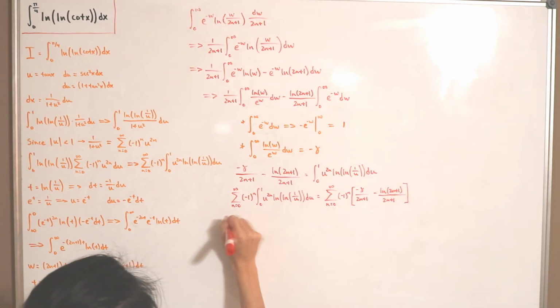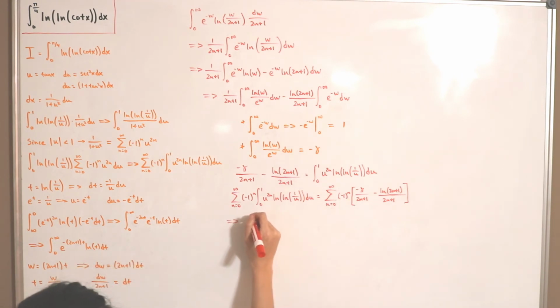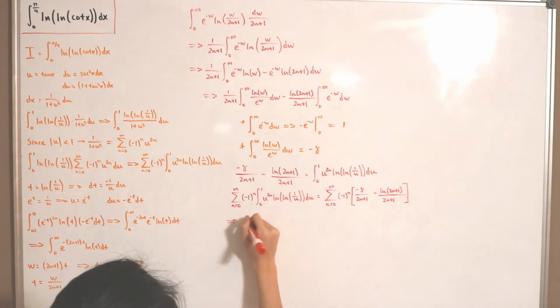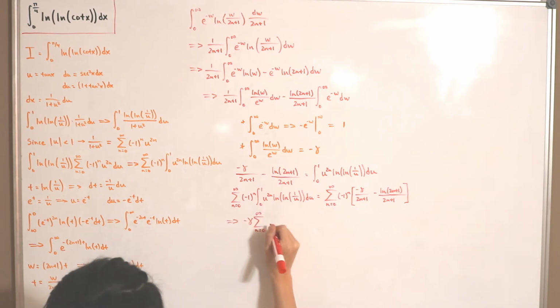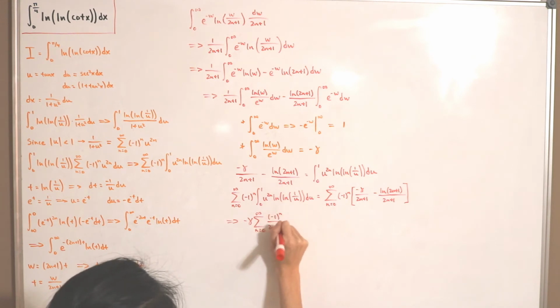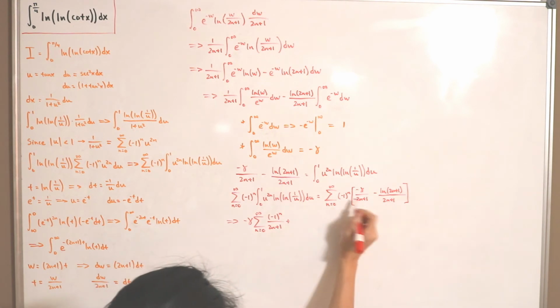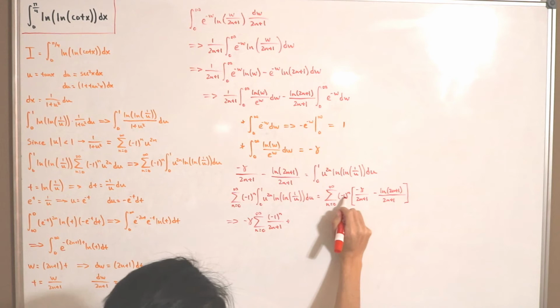So this means distributing the negative 1 quantity to the power n. I'll factor out a negative gamma outside of our infinite sum. So this is negative gamma, and then our infinite sum, n equals 0, of negative 1 to the power n, divided by 2n plus 1, and then plus, simply because there's a minus here, it's a negative 1. I'll group that back into here, so that means we have a degree of n plus 1.